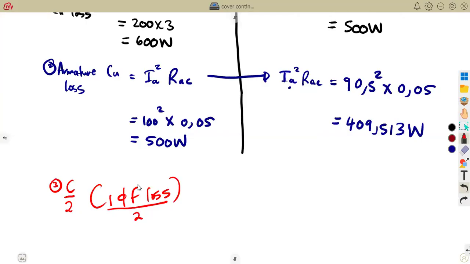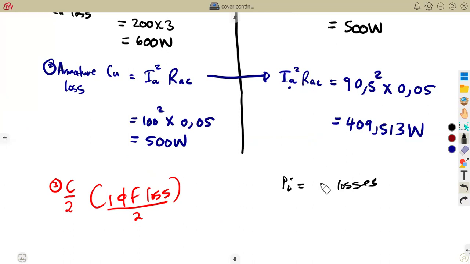And in our case, no output power is going to be taken out, so the output power is equal to 0. Remember, guys, from the flow of energy, the input is equal to output plus the losses. But in this case, the output is 0, so the input will be equal to losses.